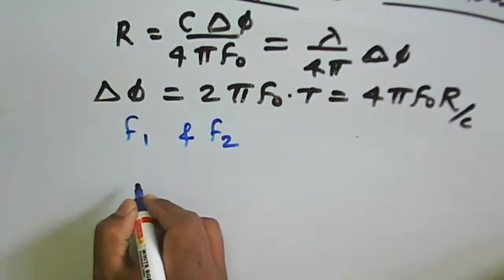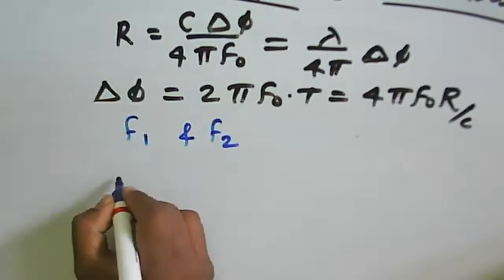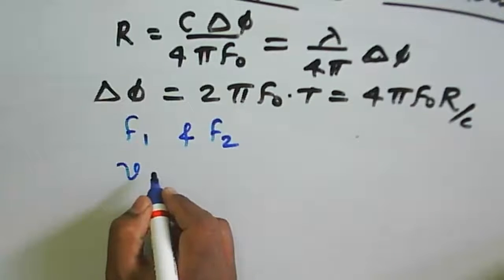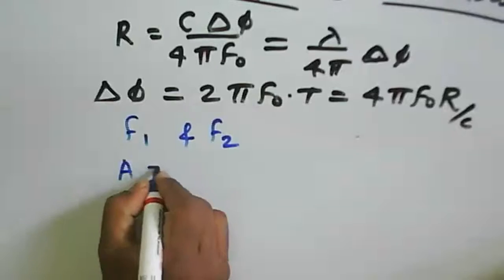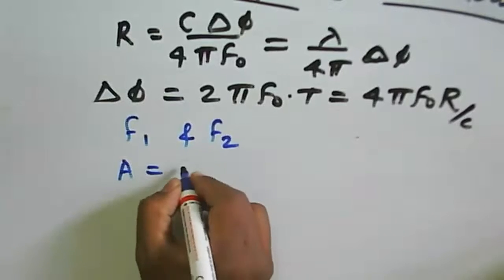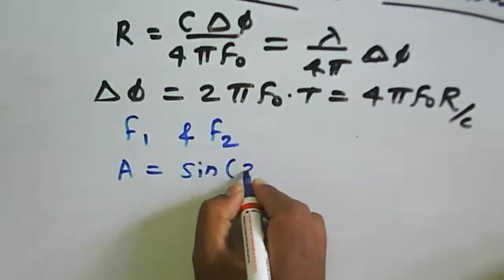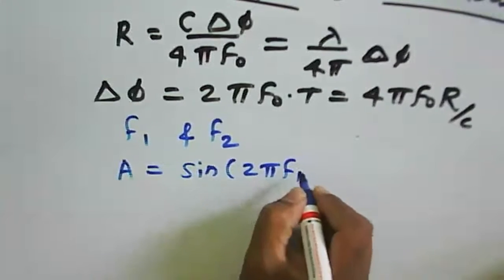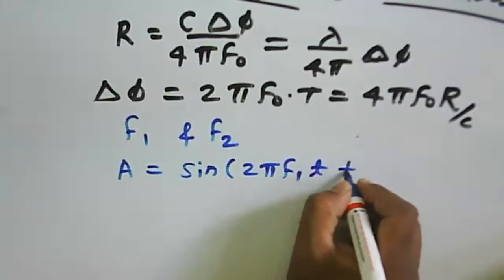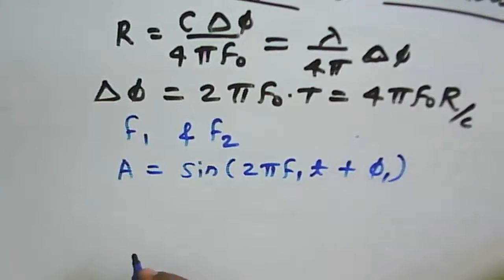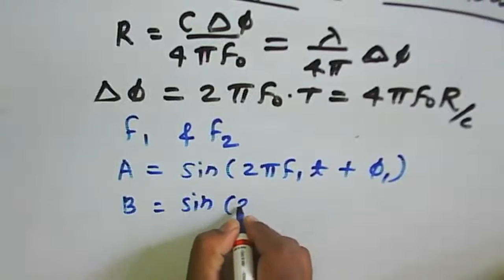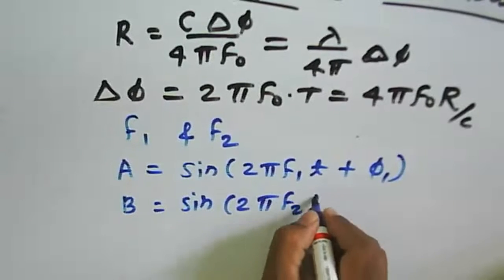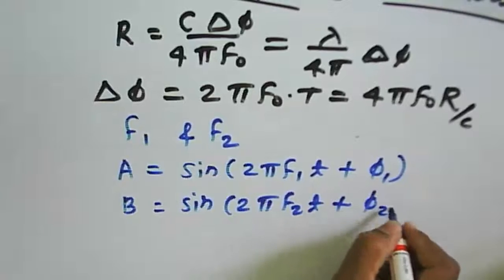For these frequencies f1 and f2, what will the transmitting signal be? Suppose signal A is transmitted: sin of twice pi f1 t, with phase phi 1. And then another signal, sin of twice pi f2 t, with phase phi 2.